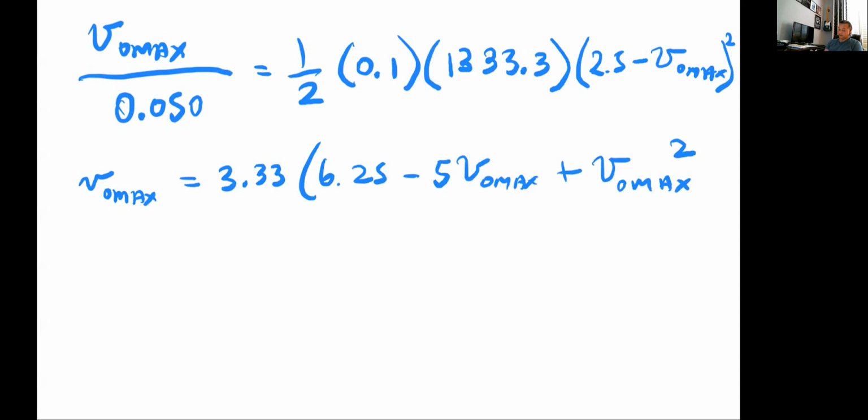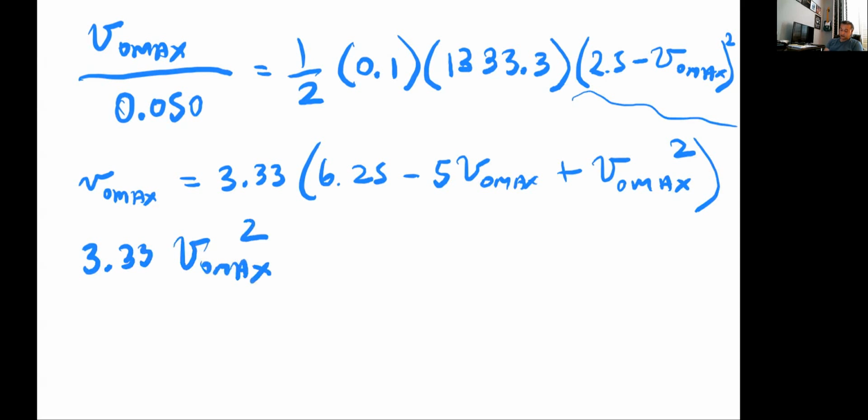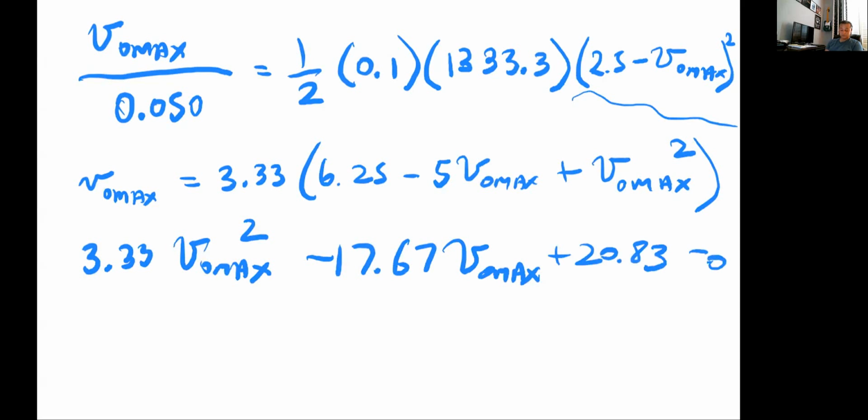So I just basically expanded this and did some combination of terms. And finally, to get my nice quadratic equation, I rearranged this a little bit and I get that 3.33 VO max square minus 17.67 VO max plus 20.83 is equal to 0.